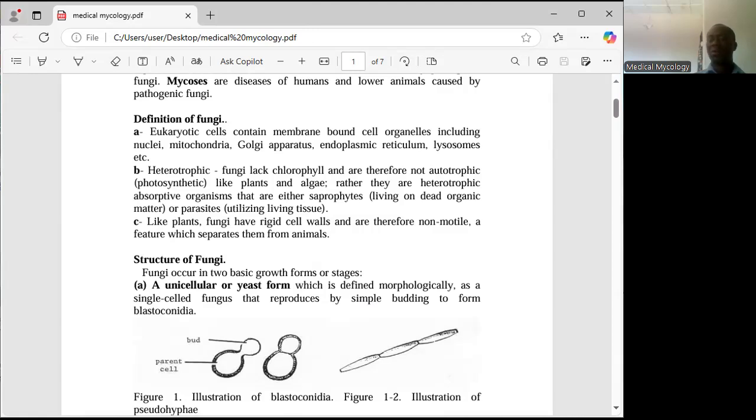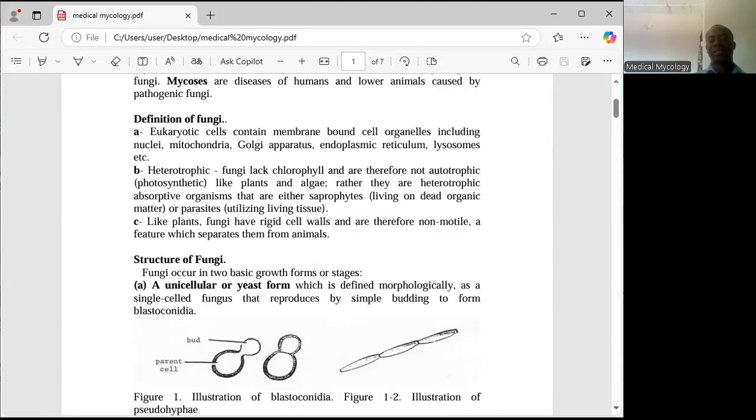And because they lack chlorophyll, they cannot carry out photosynthesis. So they are not autotrophic, just like plants and algae. Rather, they are heterotrophic absorptive organisms, and many of them are saprophytes, as they like to live on dead organic matter, while few of them are parasites.